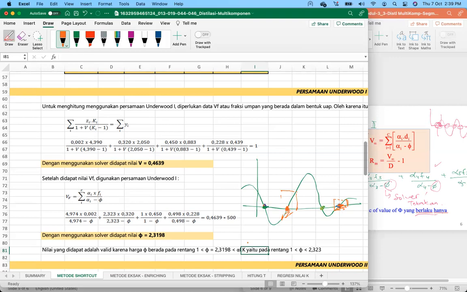Then you need to use the guess (tebakan) 1 minus C minus 2.323. Okay, is it answering your question? But if in the real assignment you have a problem with this one, we have to have a look again at the Excel.